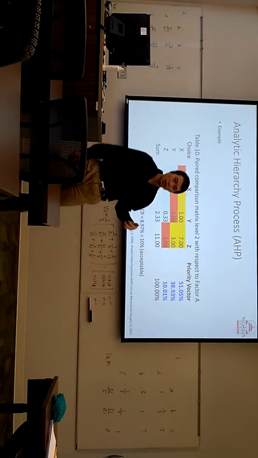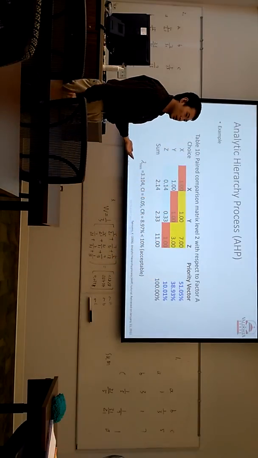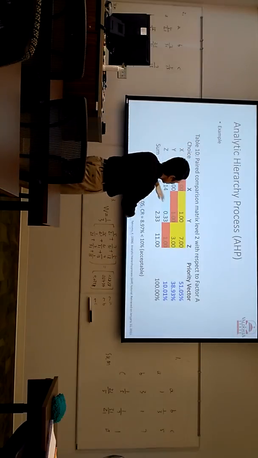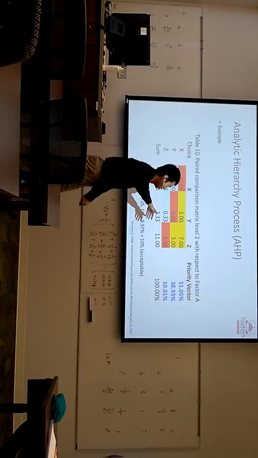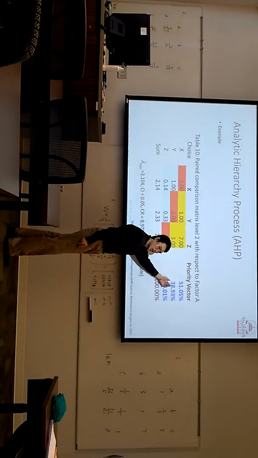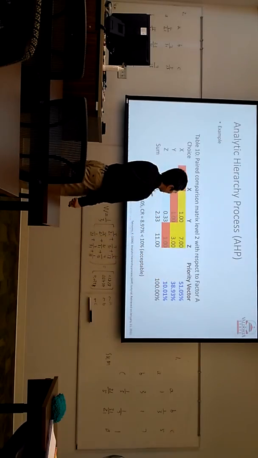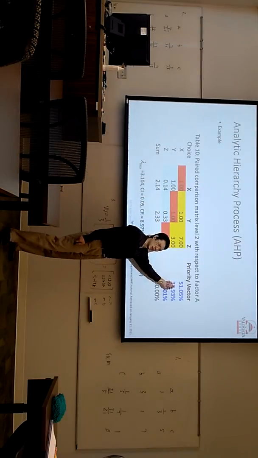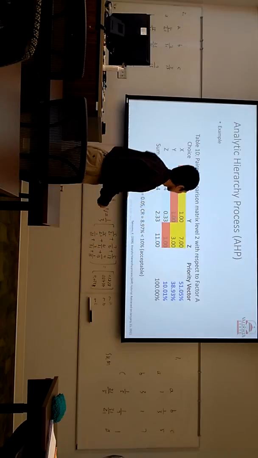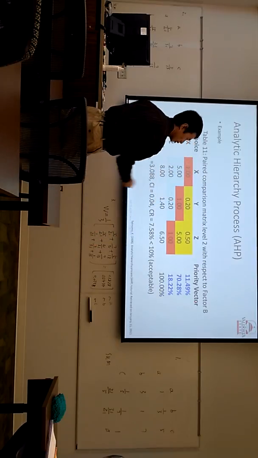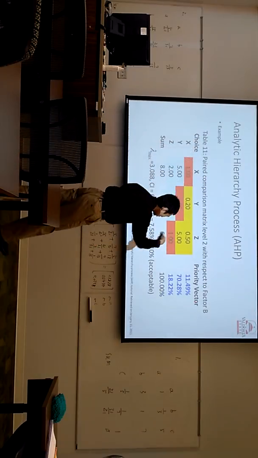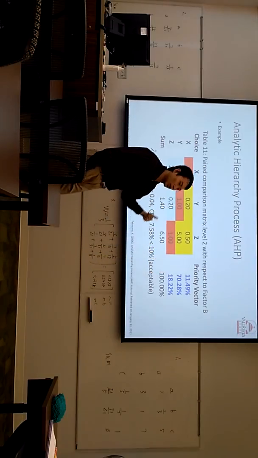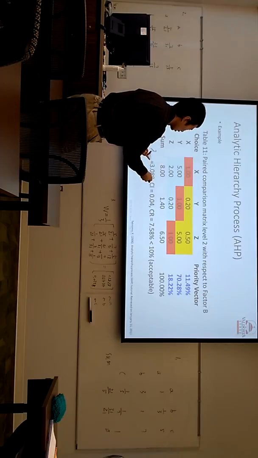Which one is better in terms of the first factor? We do the same thing, pairwise comparison. Then we can say the first choice X is the best in terms of the first factor. For the second factor, we do the same thing and we find out the second option is the best if we talk about the second factor.